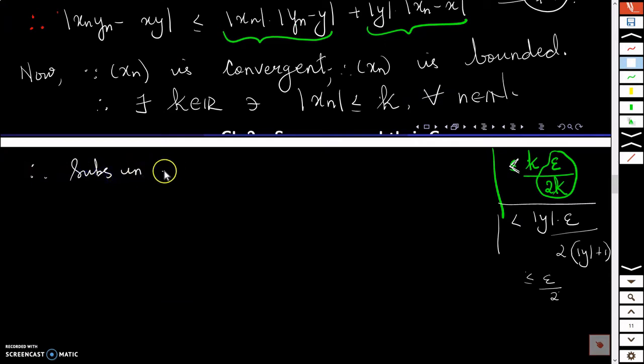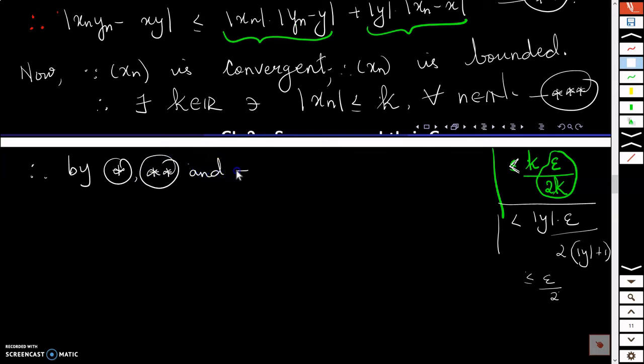Therefore, substituting in double star, what do I get? Or I can combine all of these statements. Let me say, therefore, I will call this triple star. So by star, double star and triple star, what do I have?